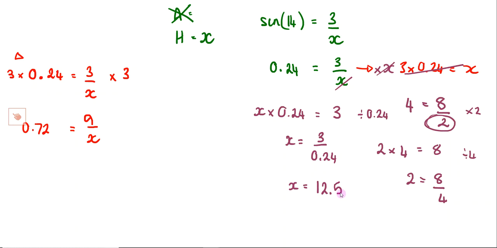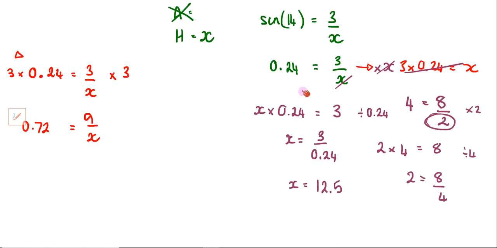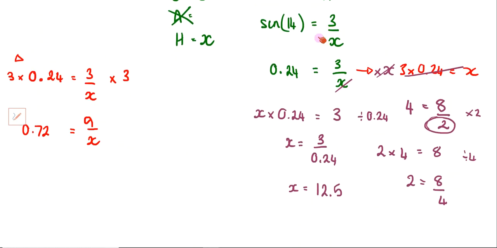Now, hopefully, I will come back to this if you're still writing. If I put 12.5 up there, does that make sense? Well, it's longer than the 3, but around the same sort of idea. Yeah, it makes sense. Now, looking at what I've done, can you think of a short method where you go, oh, yeah, I don't need to do all those steps? Can you think of a short method where I could go straight there next time?